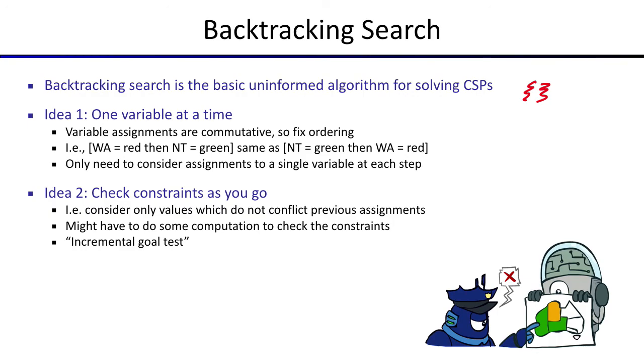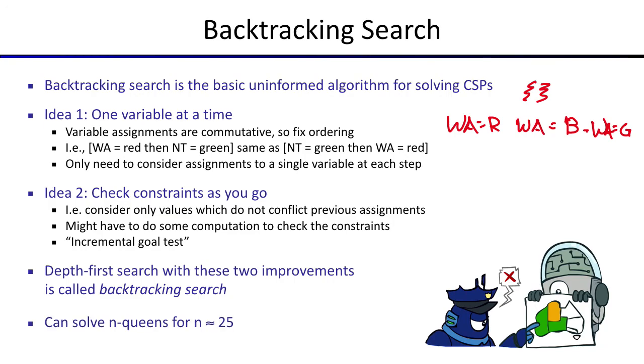That's the one we'll assign next, and our different successors are just what we could choose as the color. And this makes the branching factor a lot smaller. It's called backtracking search, and with nothing more than this, we can solve n queens for about n equals 25.